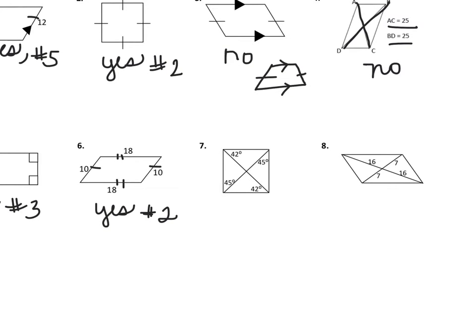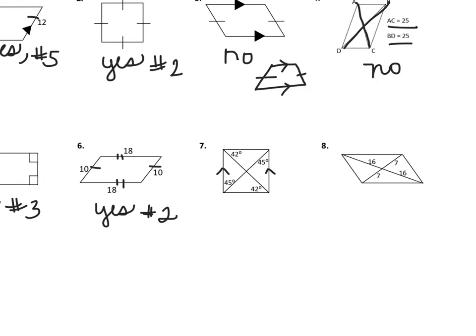All right, let's look at number 7. So here I have some angles marked, but they're not the full opposite angles. But what I do have is 2 lines cut by a transversal, and the alternate interior angles are congruent, which makes these sides parallel.